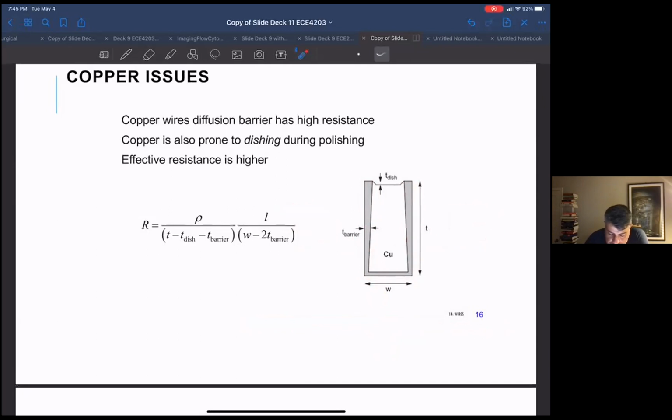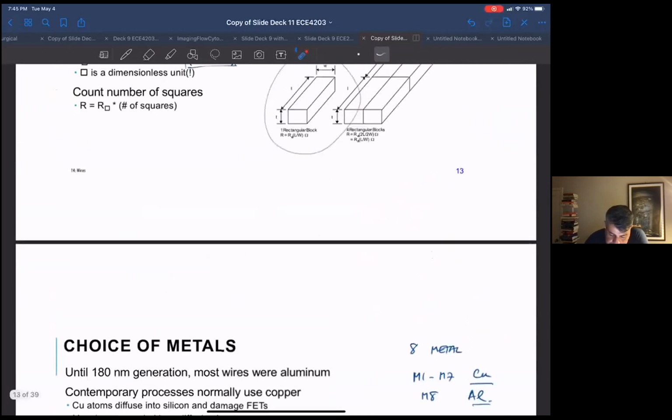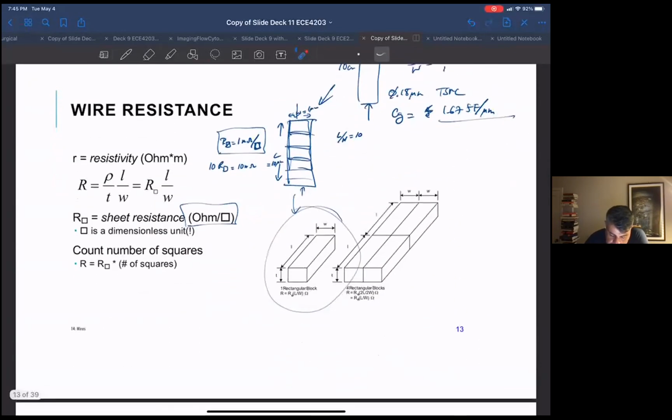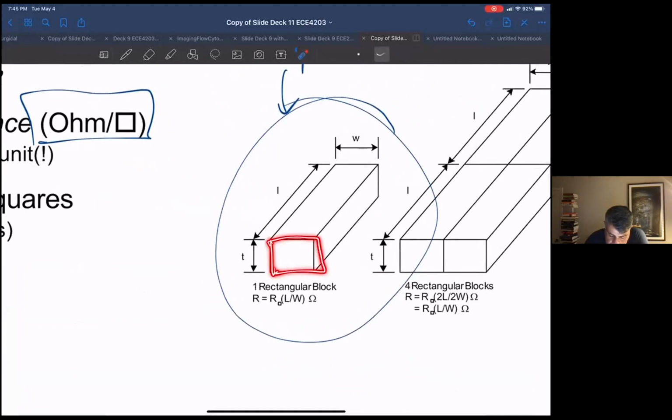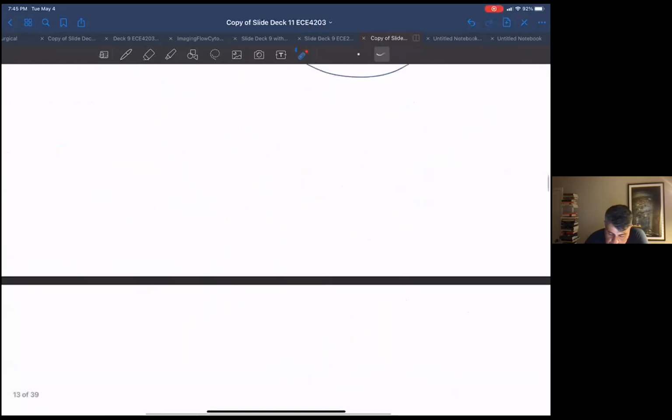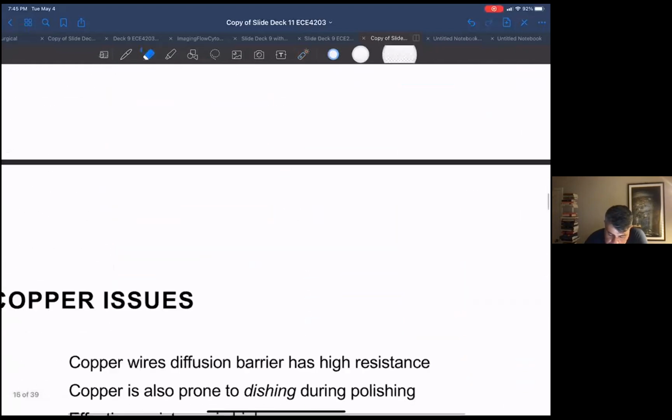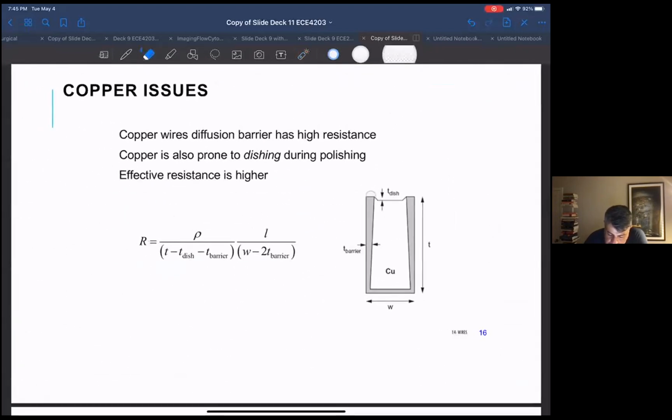That's something people came up with, but the problem is that this barrier takes away. We said the resistance depends on this cross section: the bigger the cross section, the lower the resistance. This barrier we have to build is eating into our cross section. So now instead of this being the cross section, only this is the cross section.